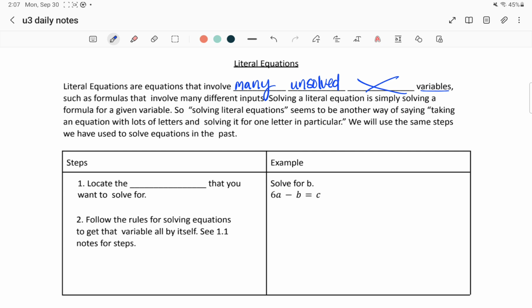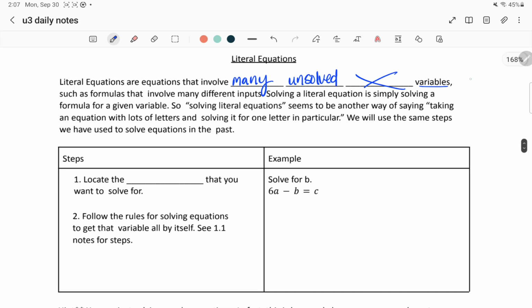We have plenty in math, but formulas typically become super important in science, or in your everyday life. So we've got the formula that goes with miles per hour. Think you're going to be driving a car. Miles per hour would be your distance formula.